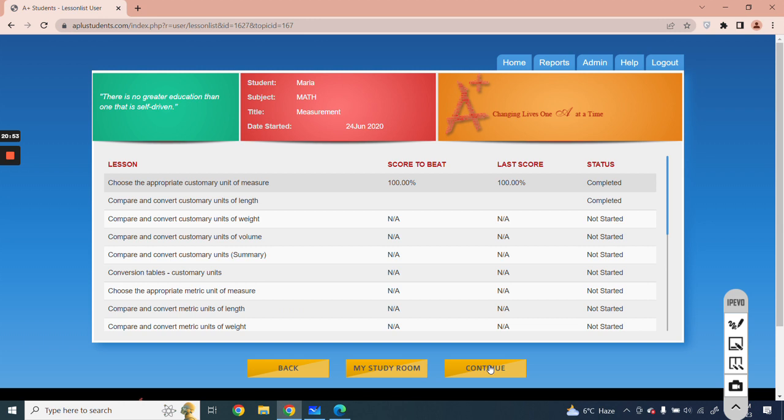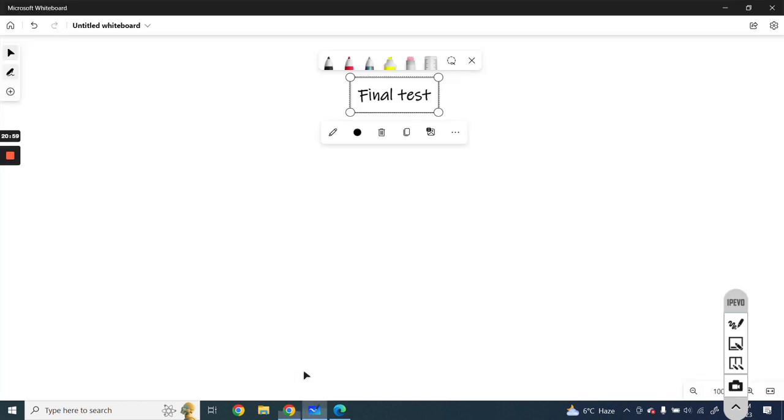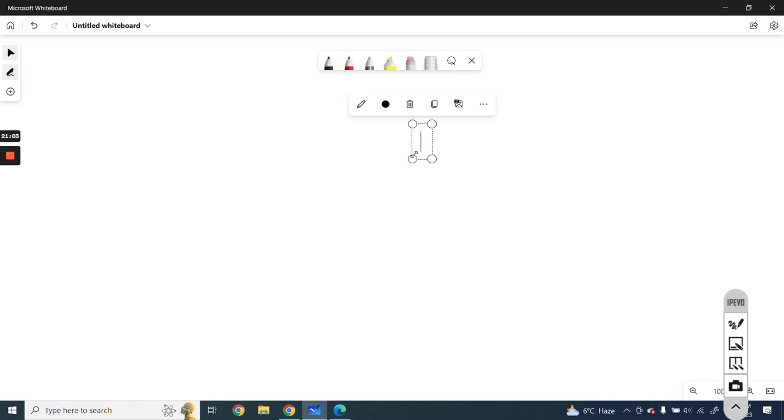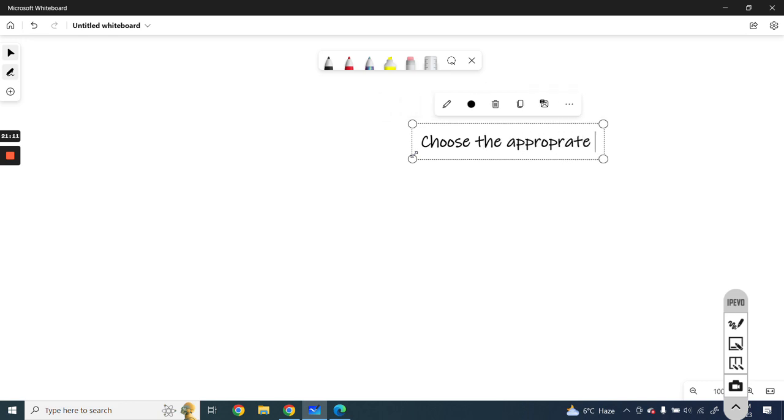Okay, just start with the first lesson, that is choose the appropriate customary unit of measure. So let me just write down the lesson name. Choose the appropriate customary unit of measure.